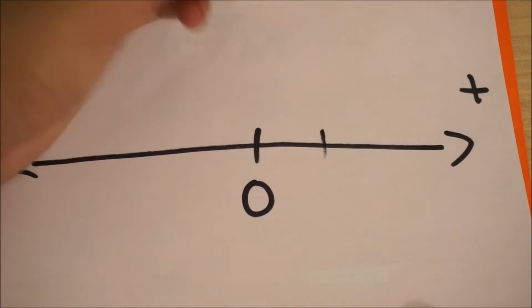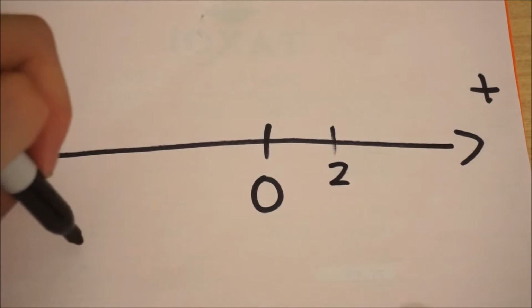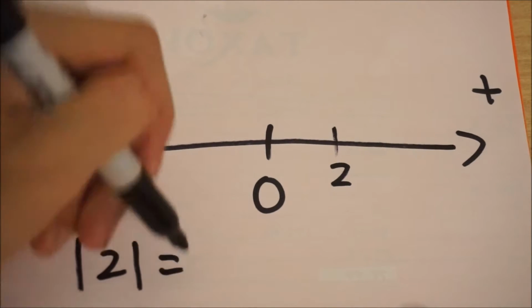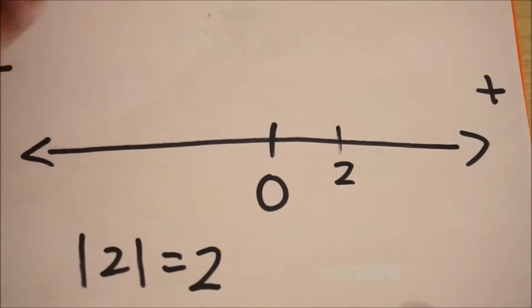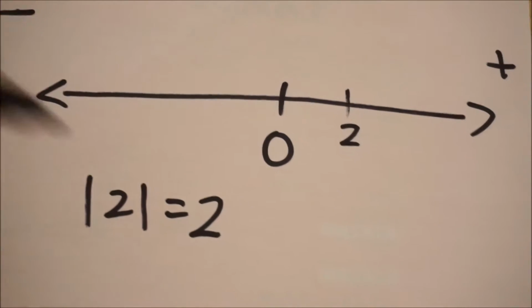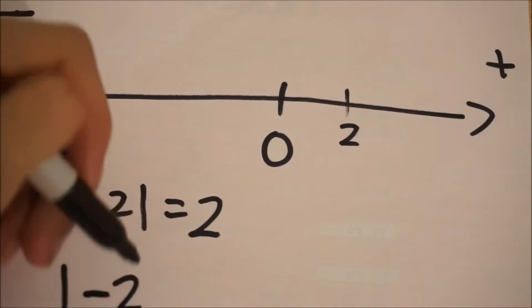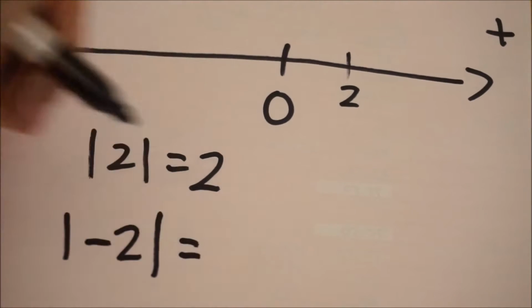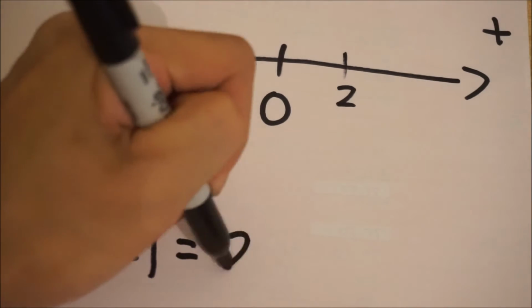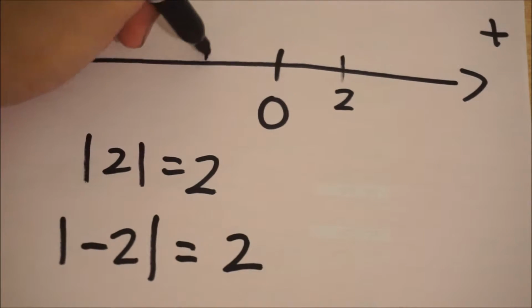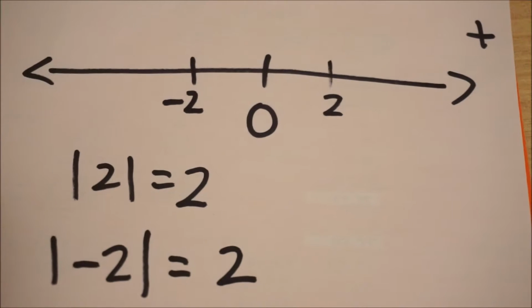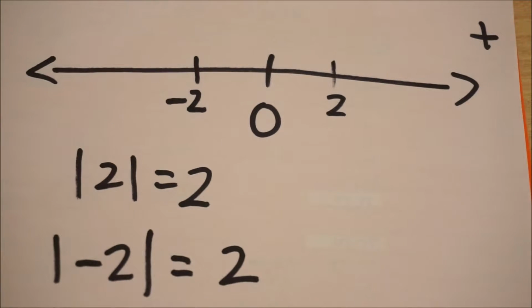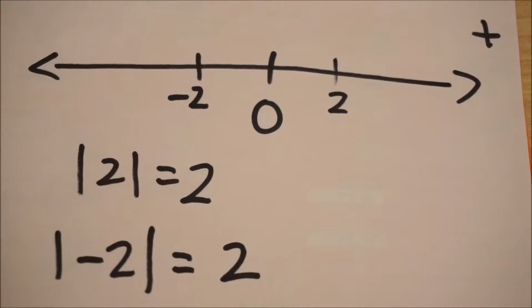If I look at, let's say, 2, I know that the absolute value of 2 is just 2. It's 2 units away from 0. And the same idea with the absolute value of negative 2. I know that that's just going to be 2. If you look at negative 2 on the number line, it's 2 units away from 0. So that's the idea with what we're actually doing.